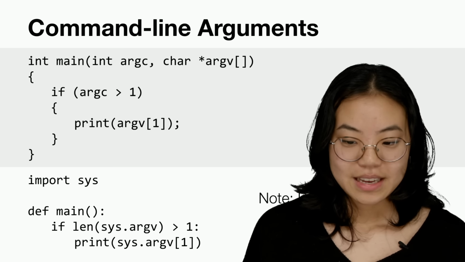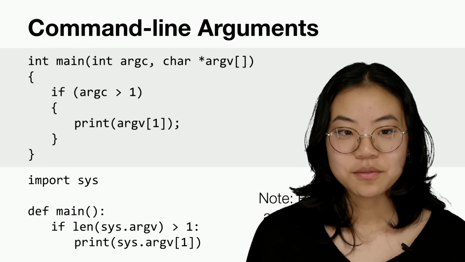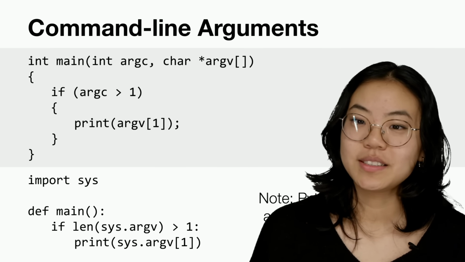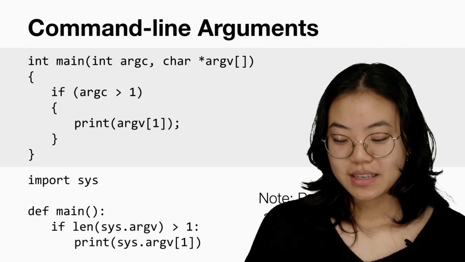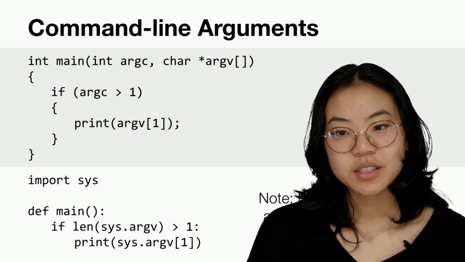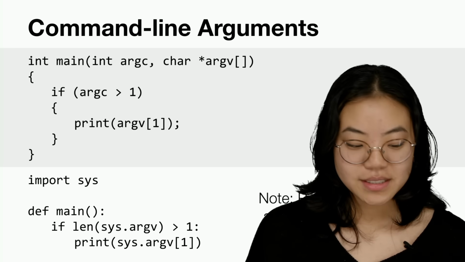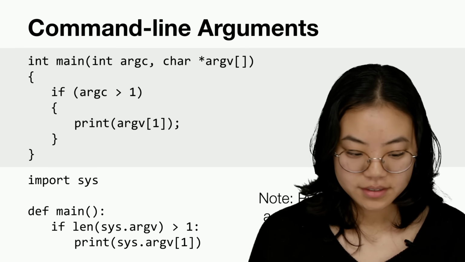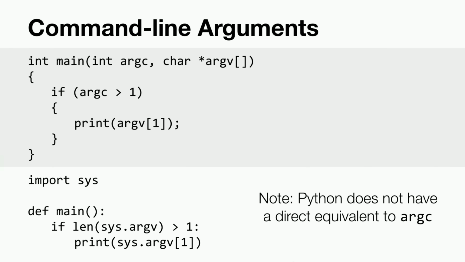Okay. And then we also had some functionality with command line arguments. So in C, we were able to get some sort of input from the user at the command line. And we can still do that same thing with Python, but we are instead going to use this sys library that we're importing. As in C, we had argc and then char star argv.